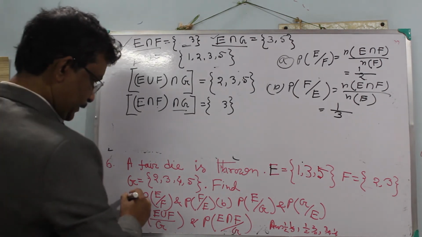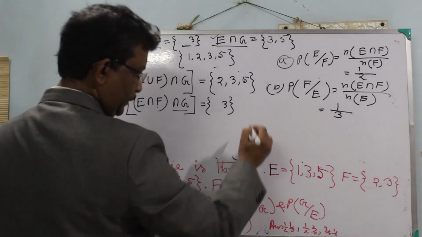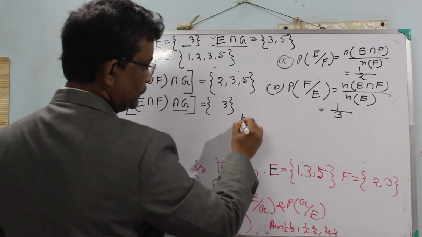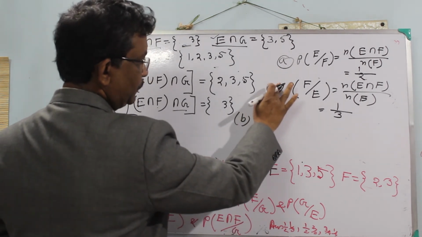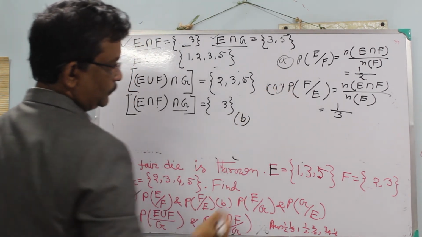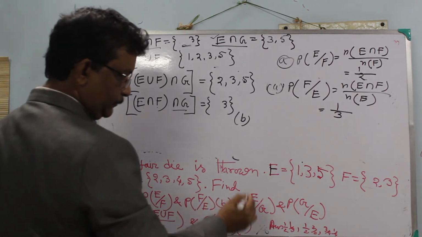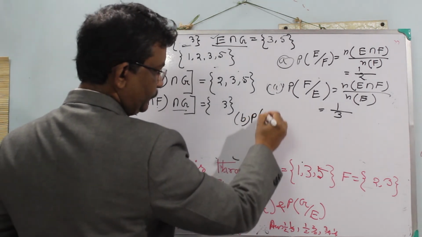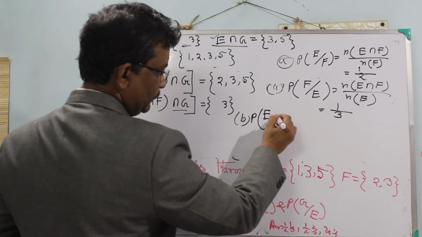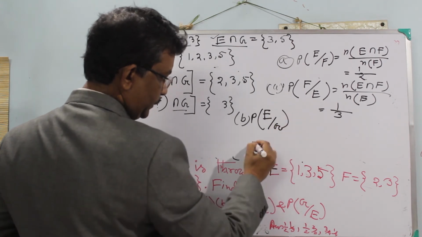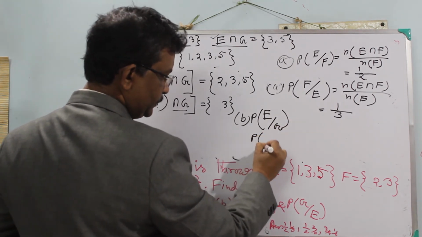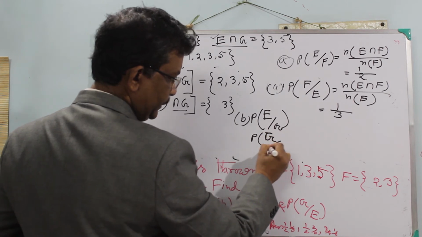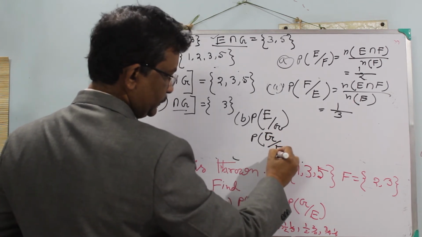Now A is done. B is this, which is also part of A. So B is the probability of E when G has occurred, and the probability of G when E has occurred.